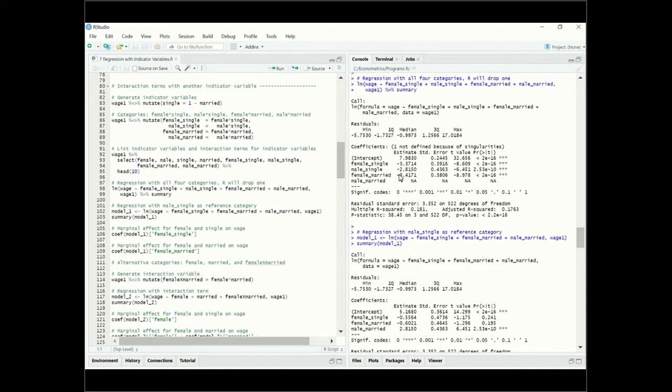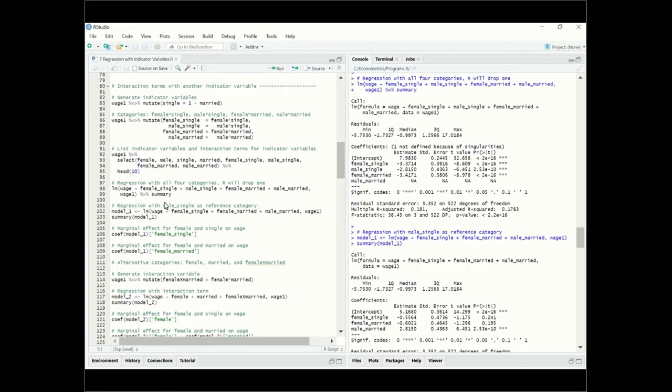And R is basically telling you that one of them needs to be dropped, and so the other ones are left. So again, if you forget that they are related to each other and you need to drop one that would serve as the reference category, the software would help you do that. But if you remember, which is the correct approach, let's do a regression with male times single as the reference category.